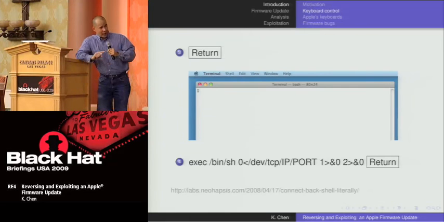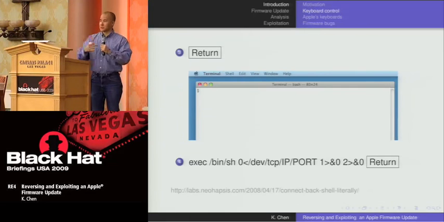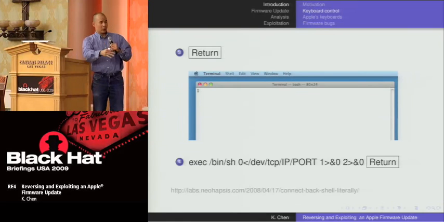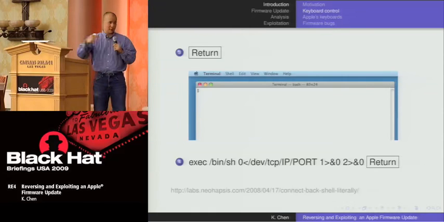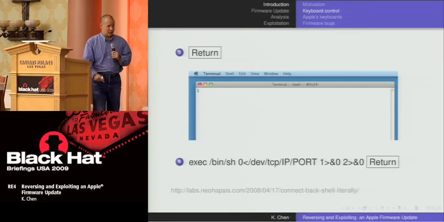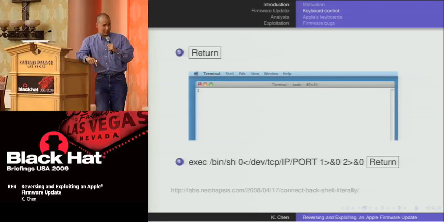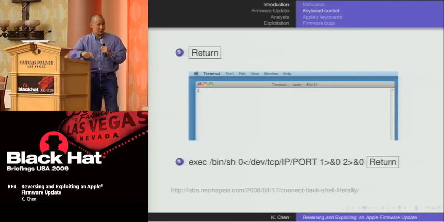Of course, IP will be replaced by the attacker's IP address, and port will be replaced by the attacker's port number. If you do this and press return, that shovels a shell right to the attacker. You can have a netcat listener on that IP address and port, and boom, you have control of the machine. There's a reference to a NeoHapsys blog entry if you want to know exactly how all that works.